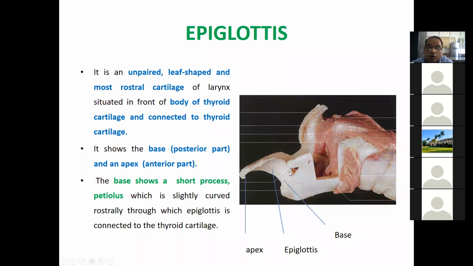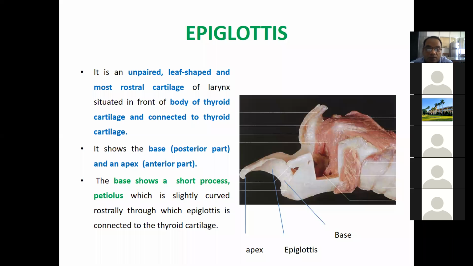And this posterior one is the base, and this base is also slightly curved. This curved part of the base is called the petiolus. So this epiglottis has two parts, that is the base and the apex.